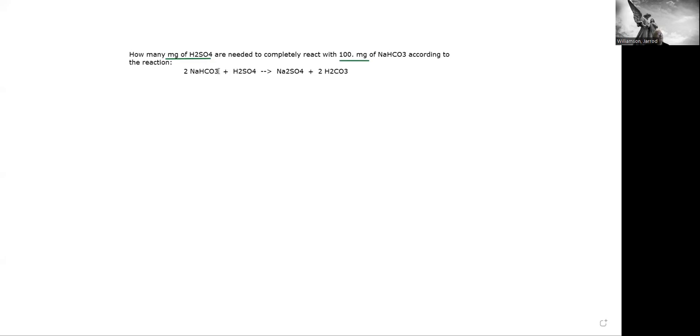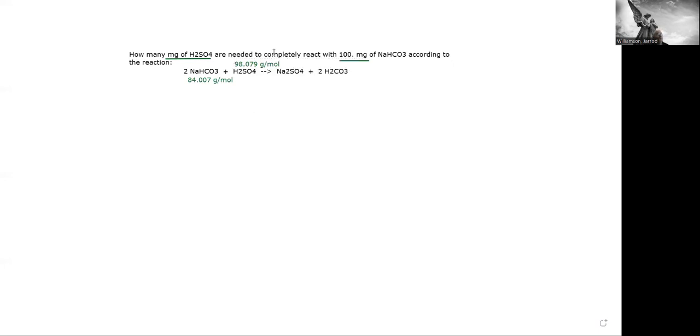The molar mass of the sodium bicarbonate is 84.007 grams per 1 mole. And the molar mass of sulfuric acid, H2SO4, is 98.079 grams per 1 mole.